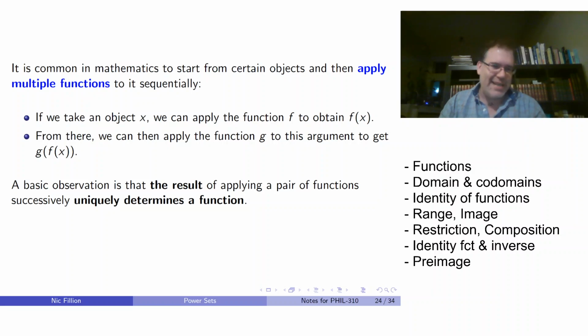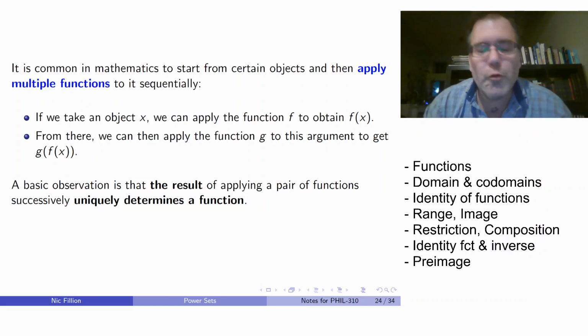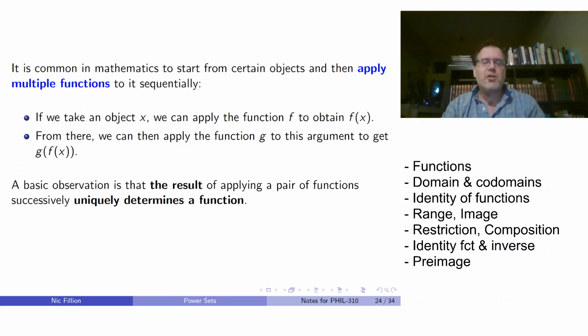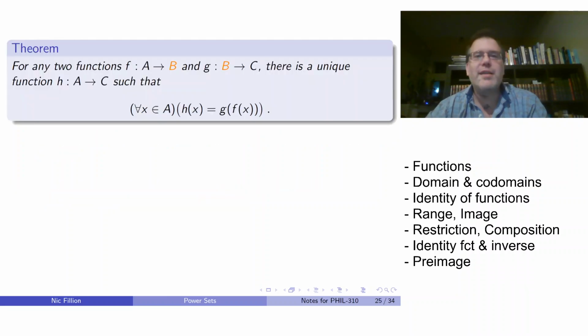And the answer is yes, right? So we're going to do it for two functions, but it applies more broadly. So the net result of applying g after applying f is itself a function, and it uniquely determines that function. Okay, so there are not two choices or more. And then we can prove that.